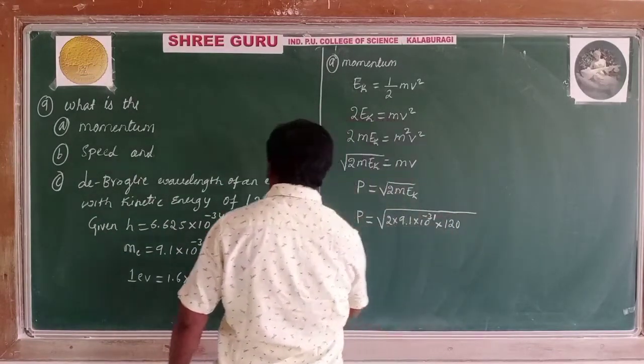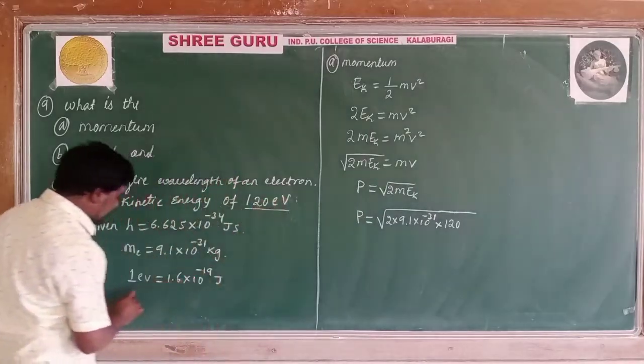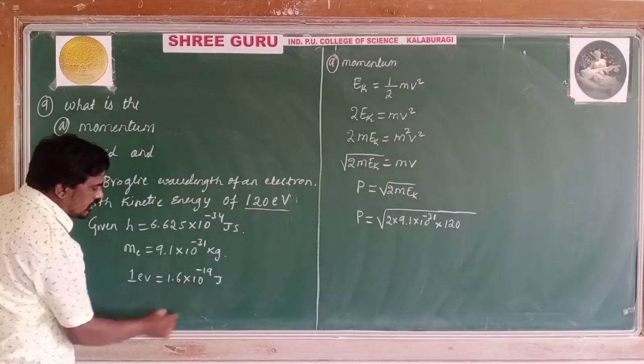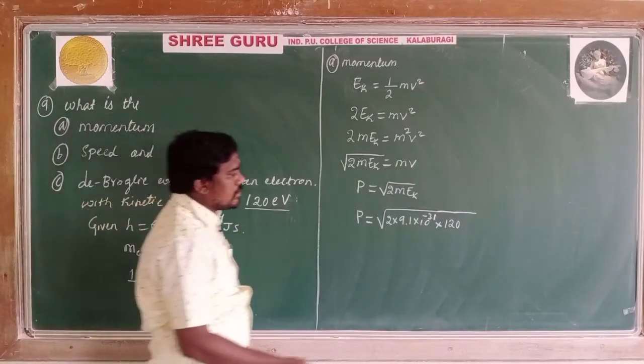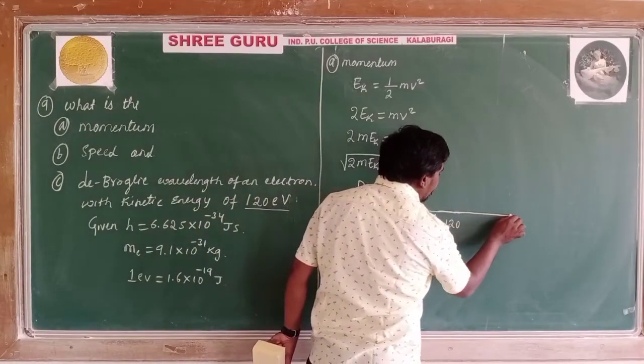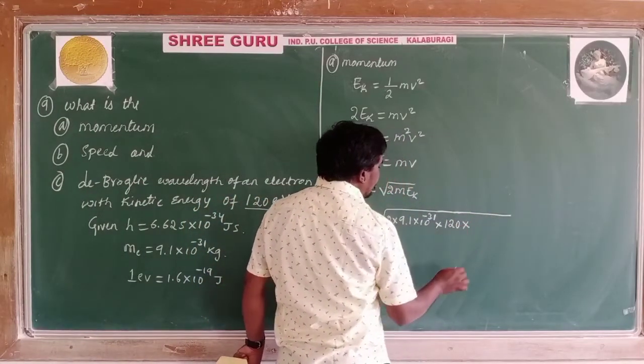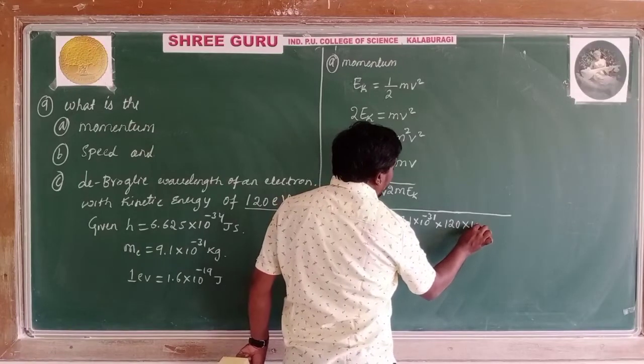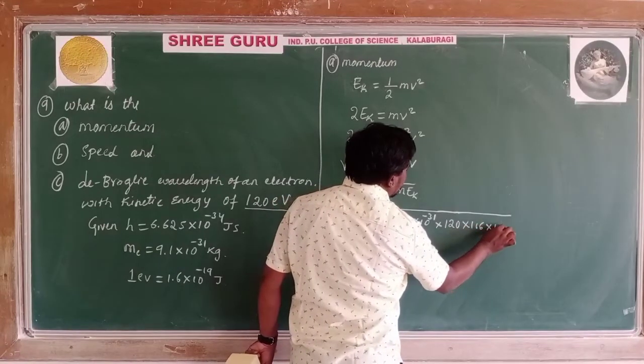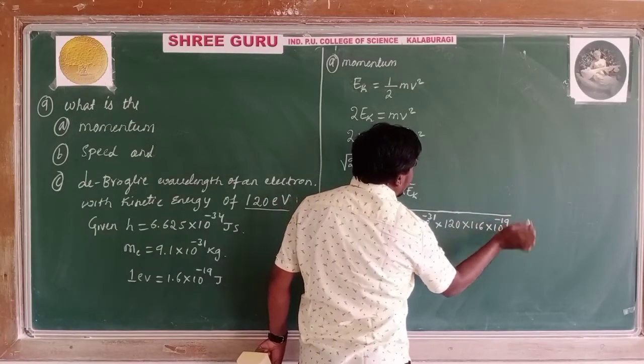To convert, 1 electron volt is equal to 1.6 into 10 raised to minus 19 joule. Why? Because we should convert in terms of SI unit. So 120 into 1.6 into 10 raised to minus 19 joule.